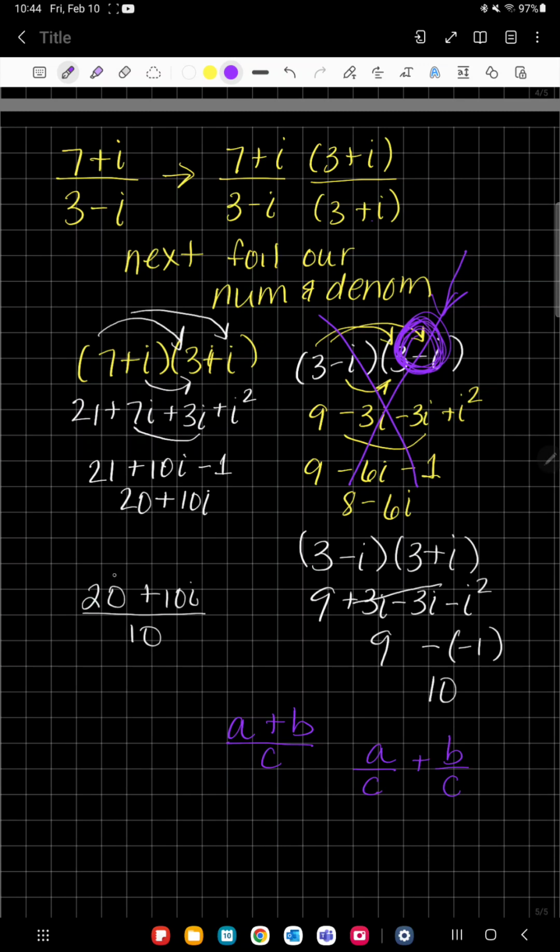So when it's given to us as one fraction, if we need to break it apart, then we can do that. And in this case, we probably will need to break it apart because they are all multiples of 10 and can reduce, right? So you would have 20 over 10 plus 10i over 10. And of course, these reduce to 2 plus just I.